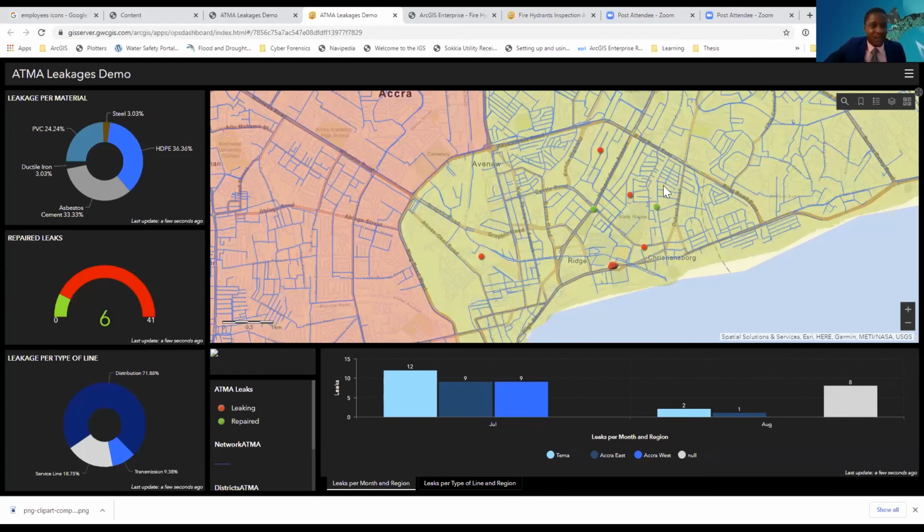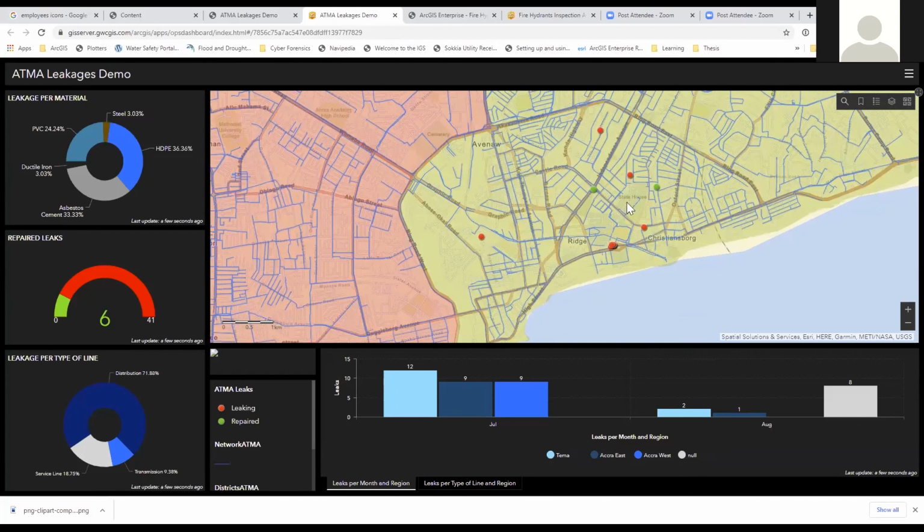Sorry about that. So this is a dashboard, and then we have a web map in there, and the red and green points you see are the locations of leakages, ones that have been repaired and those that are still pending. On the left-hand side is the leakage per material. So here we can see which materials have what percentages of leakage so far reported.